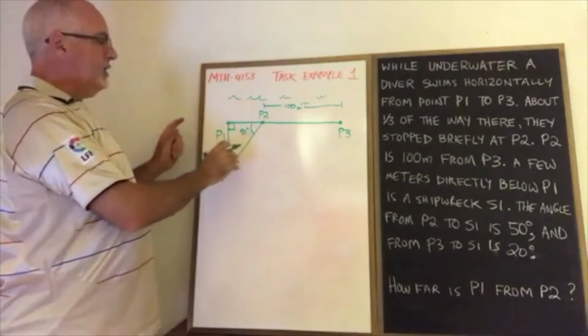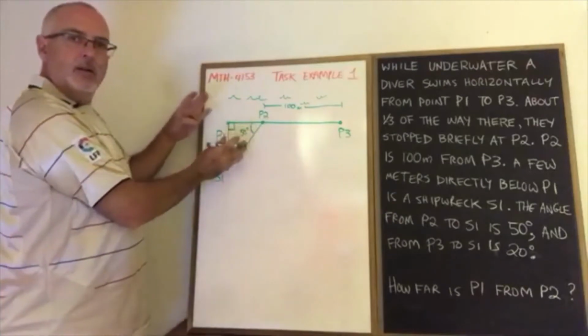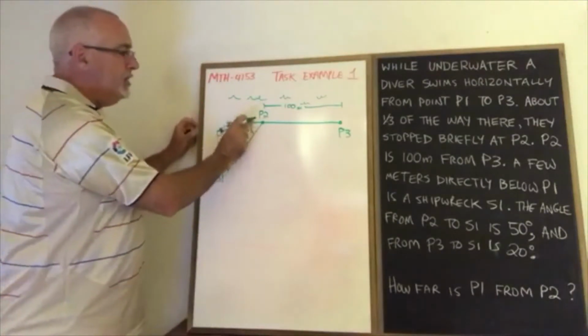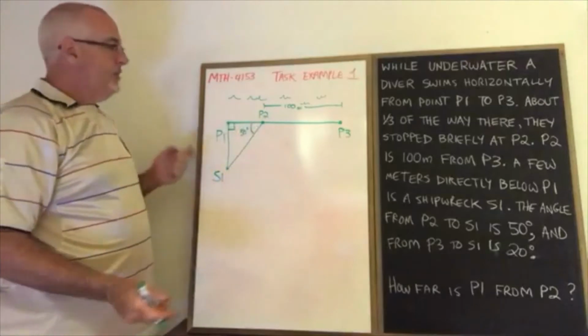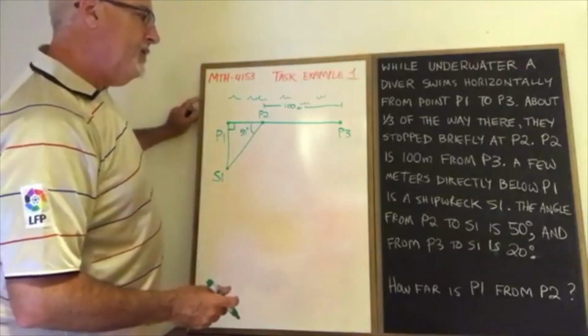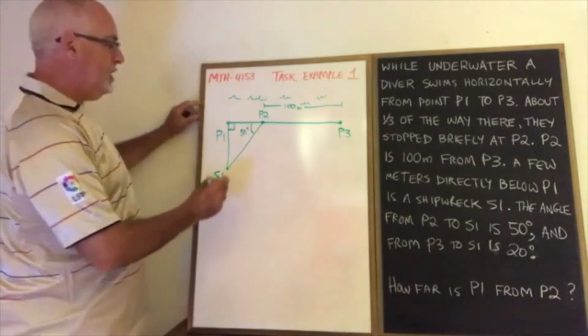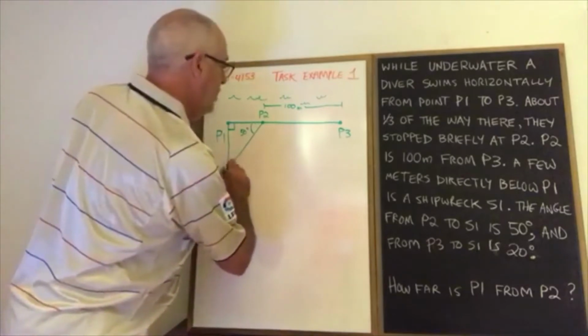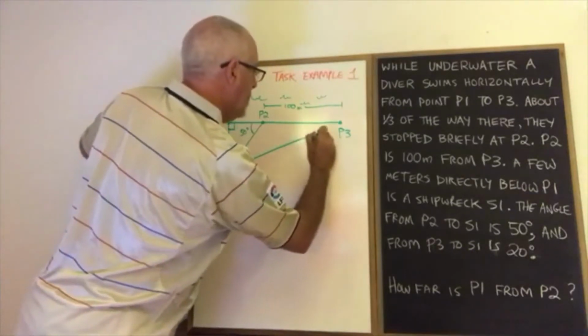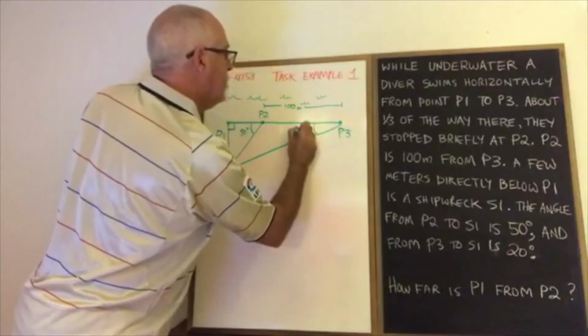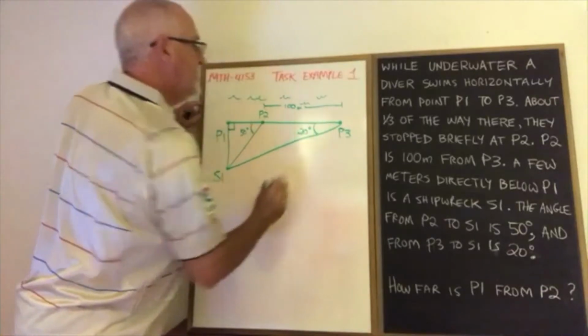So the way I've drawn this so far, that actually ends up being a reasonable angle for this triangle I've drawn. And then the angle from P3 is 20 degrees, so I need another straight line. And I need to mark this as 20 degrees.